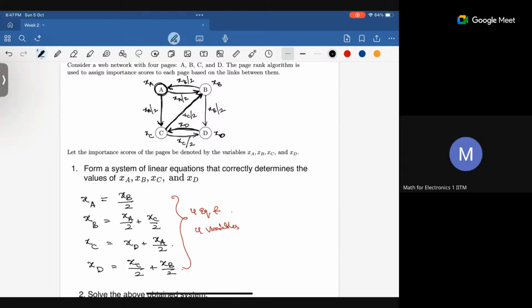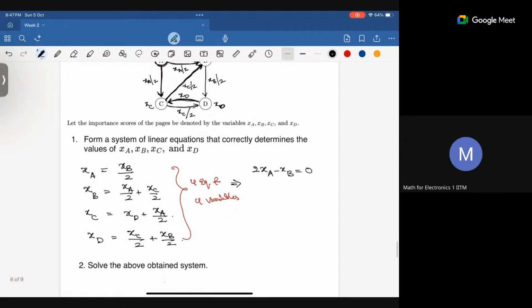So you can write this whole system as you multiply 2 to xa and take xb also to the left side. So you'll have 2xa minus xb is equal to 0 as our first equation.